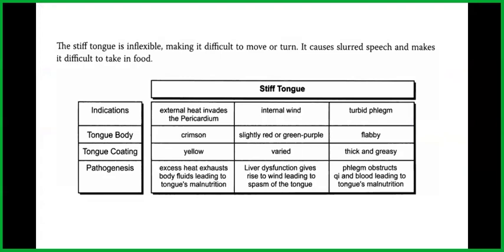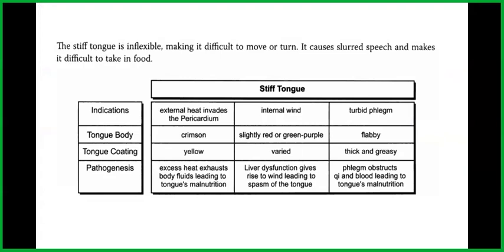The pathogenesis is liver dysfunction gives rise to wind, leading to spasm of the tongue. Another indication is turbid phlegm, where the tongue body will be flabby and the coating will be thick and greasy. The pathogenesis is phlegm obstructs qi and blood, leading to tongue's malnutrition.